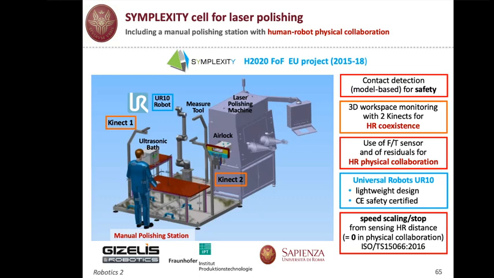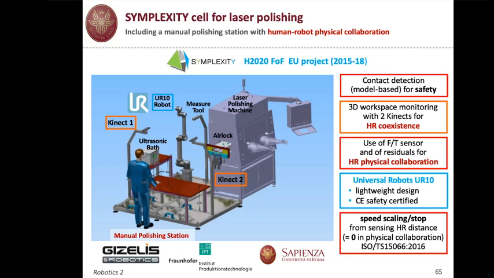So this means that outside the cell, the laser machine, polishing machines, but still inside the cell, there's a manual polishing station, and there's a device, a laser device that evaluates the quality of the object. And if the quality is good enough, then the robot will bring the part directly to the laser polishing machine.